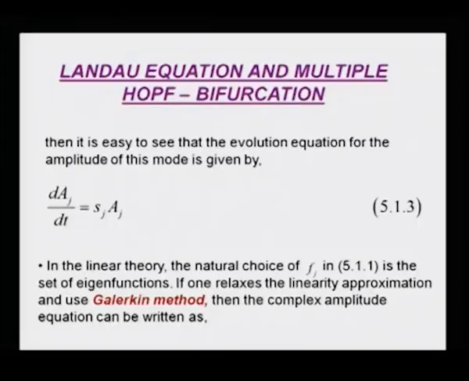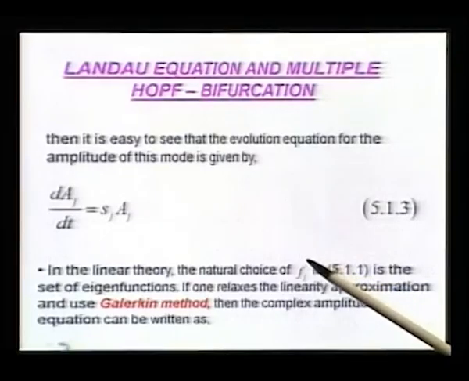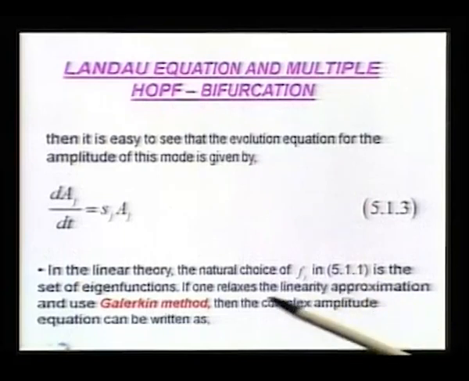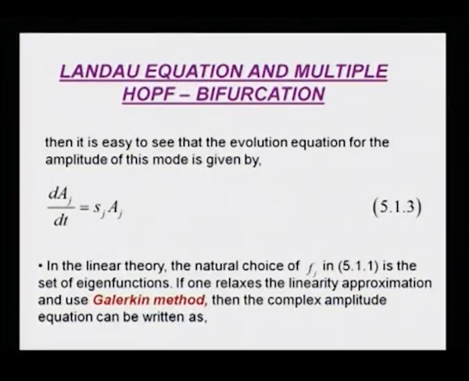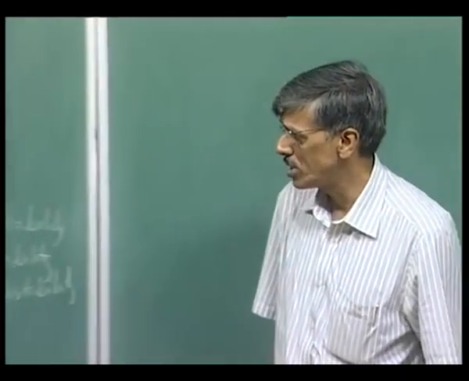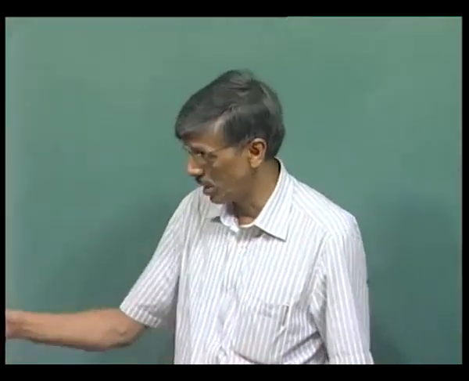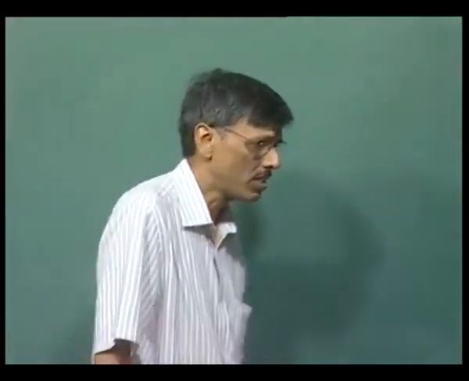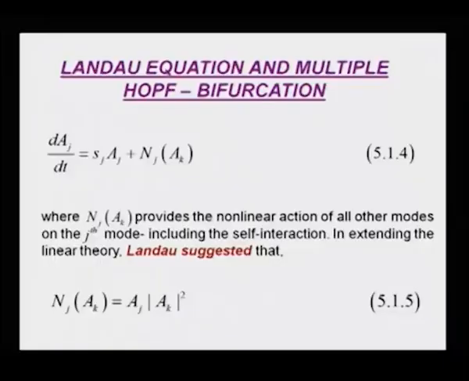Now, when we look at linear theory, the corresponding space-dependent functions are those sets of eigenfunctions. And if now we relax the linearity approximation and use the Galerkin method, then the evolution equation for the complex amplitude, that is a_j, is written in the following form. It's given like this.